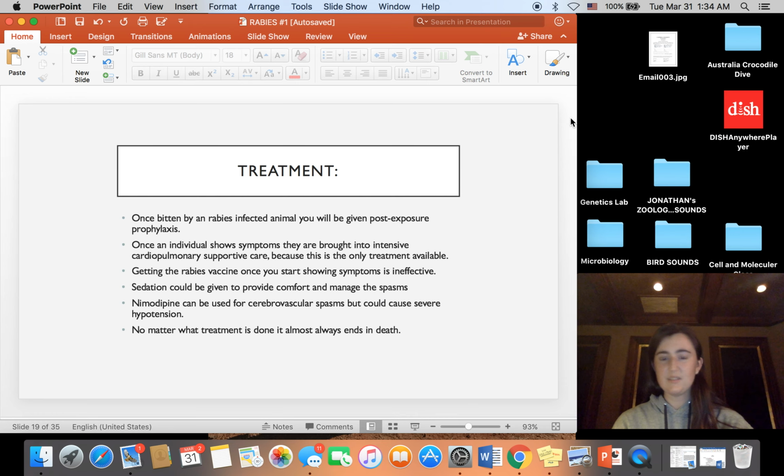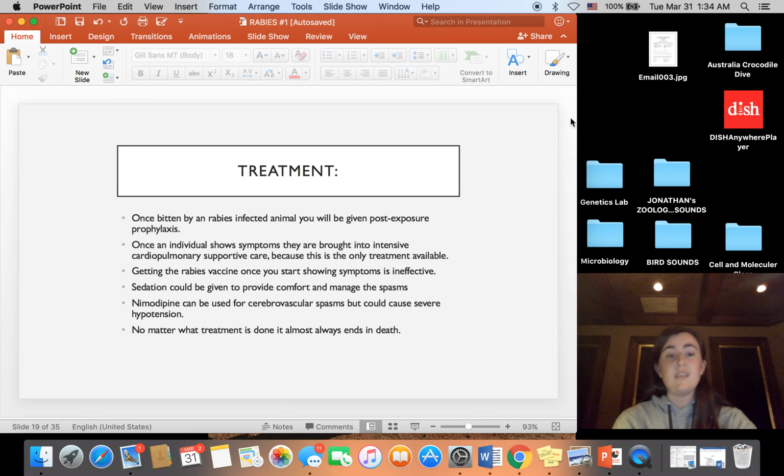This will not help cure you, it will just help make you comfortable until the time comes where you will probably pass. So getting the rabies vaccine once you start showing symptoms, again, is ineffective. You can't really do anything about it at that point. You already waited too long, and it's too late to do anything.